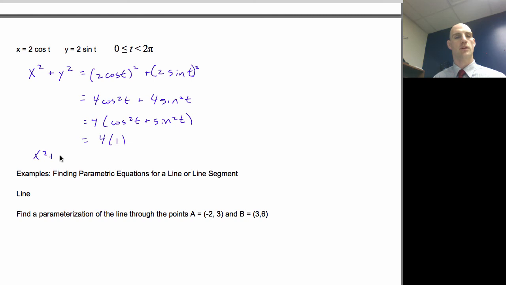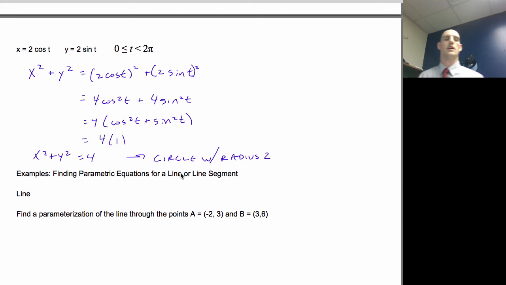So x squared plus y squared is equal to 4. And this is a circle with radius of 2. Okay, why did that work? Well, when you've got sines and cosines and you're trying to eliminate a parameter, square both of them and add them together, and that will give you an equation without a t in it.